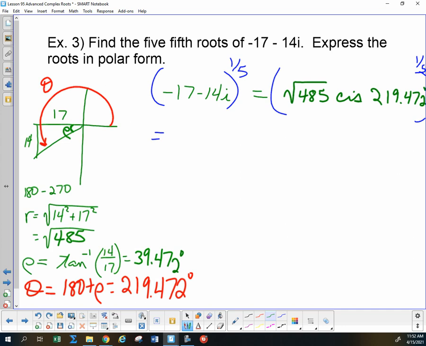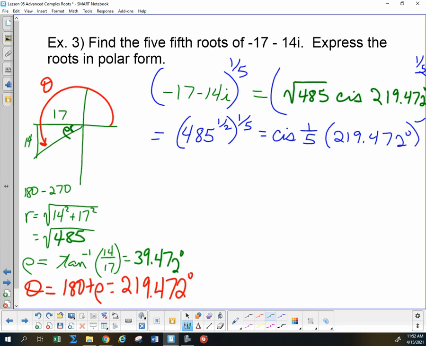So that means we need to take the square root of 485, or 485 to the 1/2, and then take that to the 1/5. And we need cis of a fifth times that 219.472 degrees. I think the last thing on your calculator was that 219 point whatever, right? So now take that times a fifth or divided by 5.